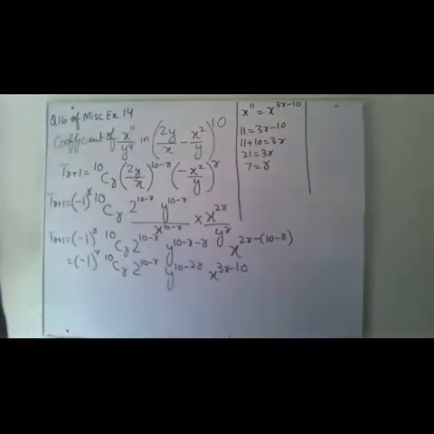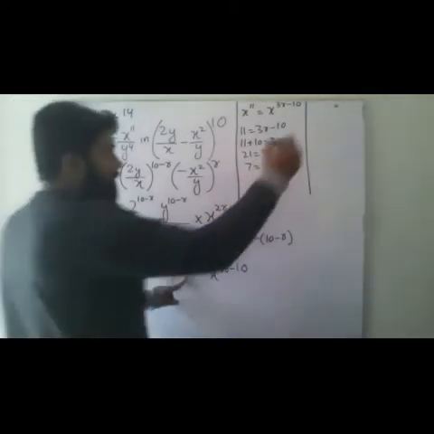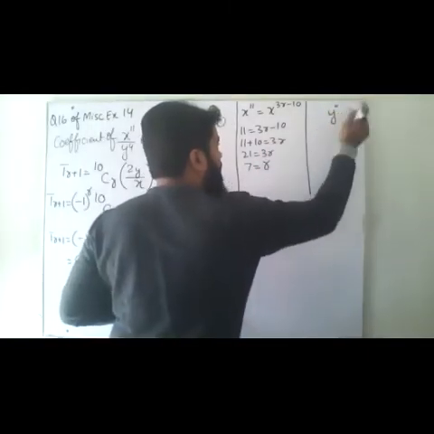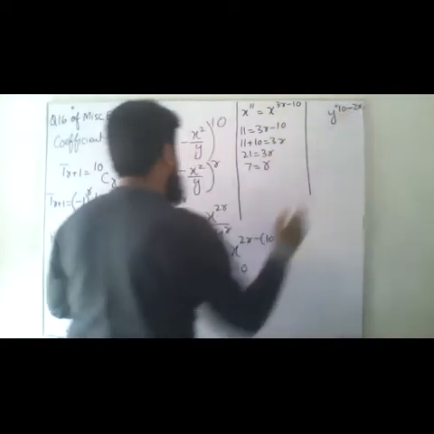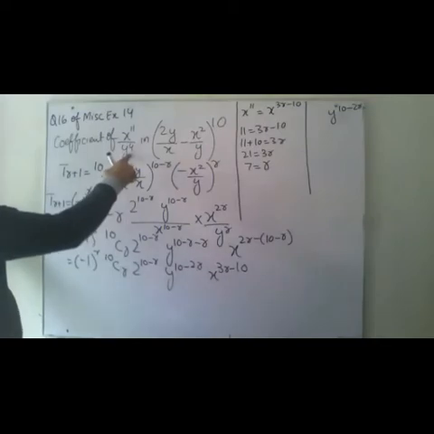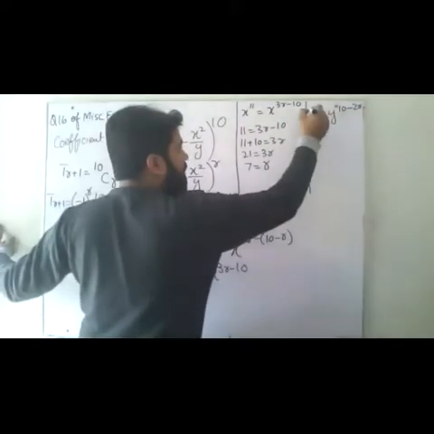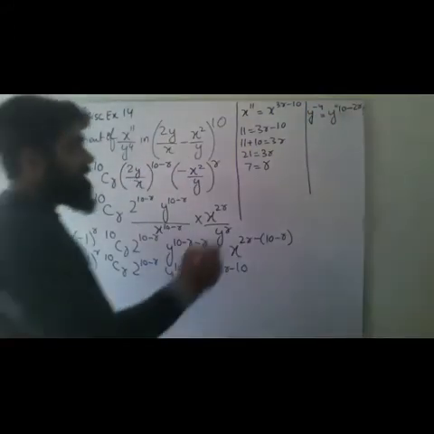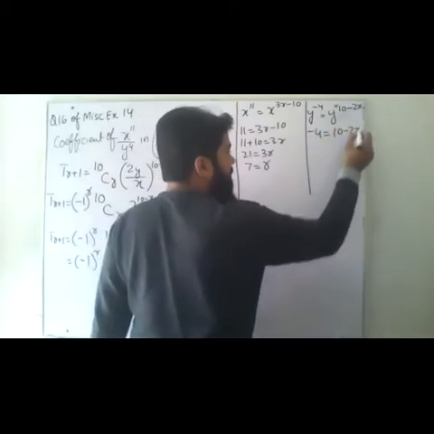Now I am solving it with y. Y to the power 10 minus 2r is written in the denominator, so when I shift it to the numerator, it will be y to the power minus 4. Comparing, minus 4 equals 10 minus 2r.